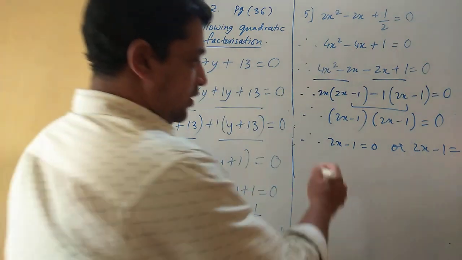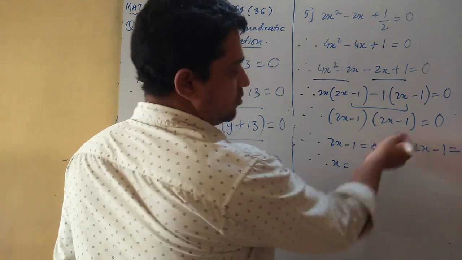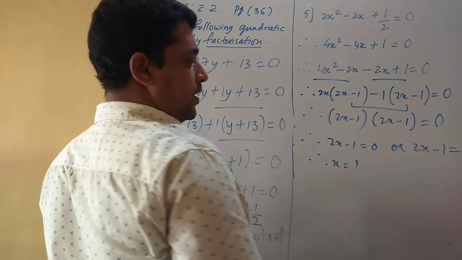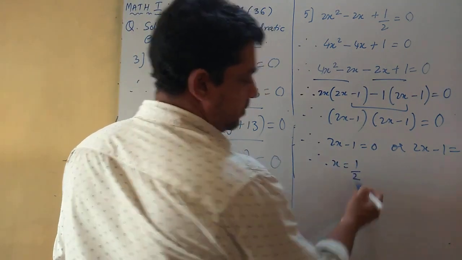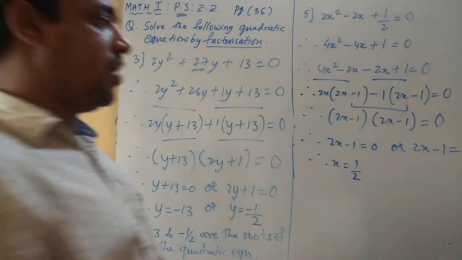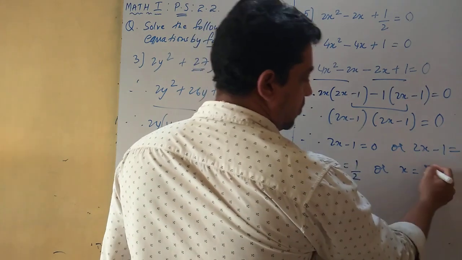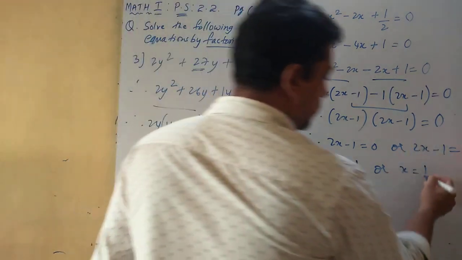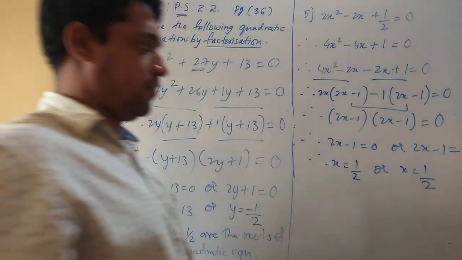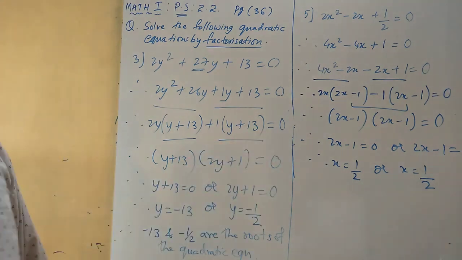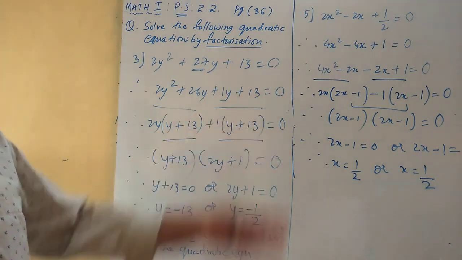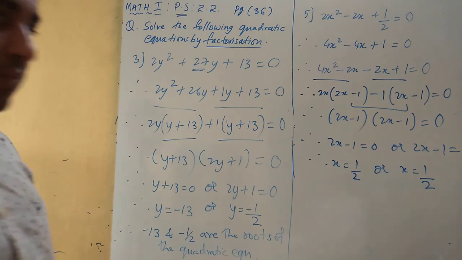Let's check. Therefore, x is equal to minus 1 will go to right hand side, will become 1, 2 will go to the denominator, x equal to half, or same thing here, x is equal to minus 1 will go to the right hand side 1, and 2 will go to the denominator. So x is equal to 1 upon 2, or x equal to 1 upon 2. So we have the same solution.